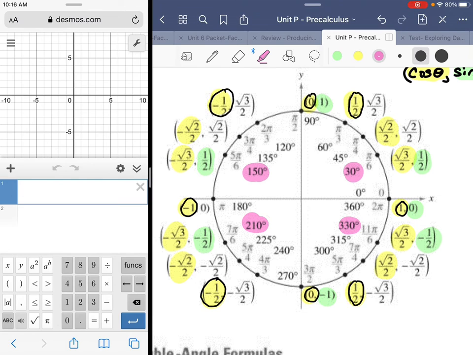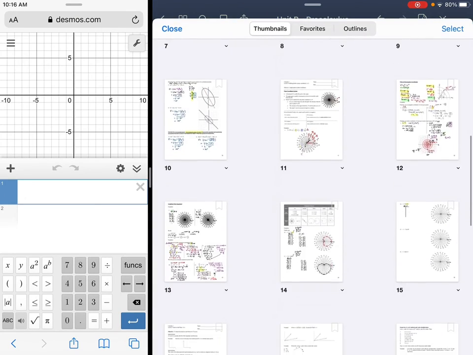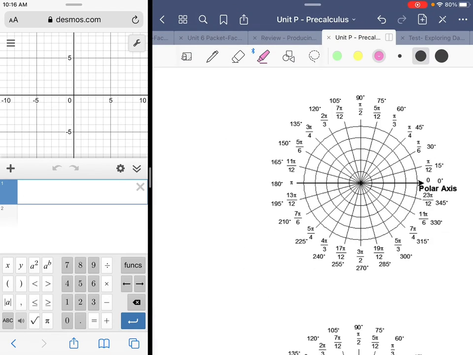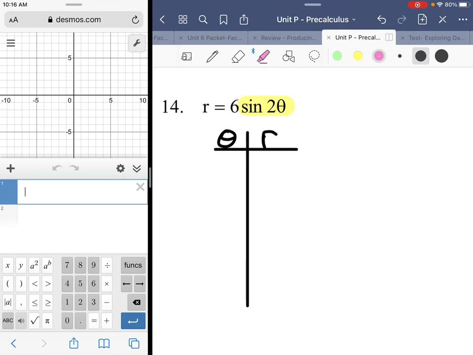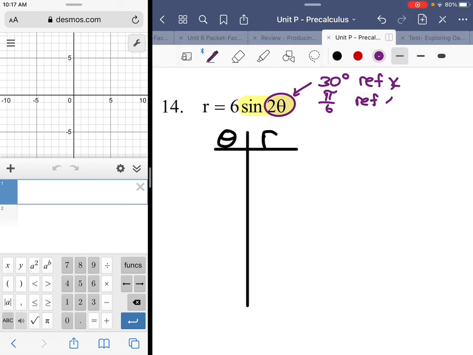But if you think to yourself that you're going to have twice some angle giving you a 30, then it would make sense that we would be working with a 15-degree angle or a pi over 12. Right? So that's something to keep in mind. So when we go back to that previous page, I would love for this to be a 30-degree angle, or pi over 6.